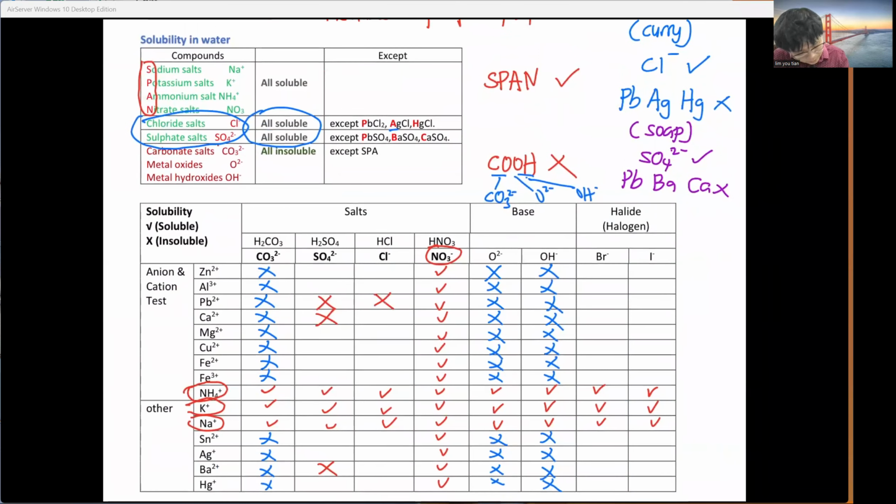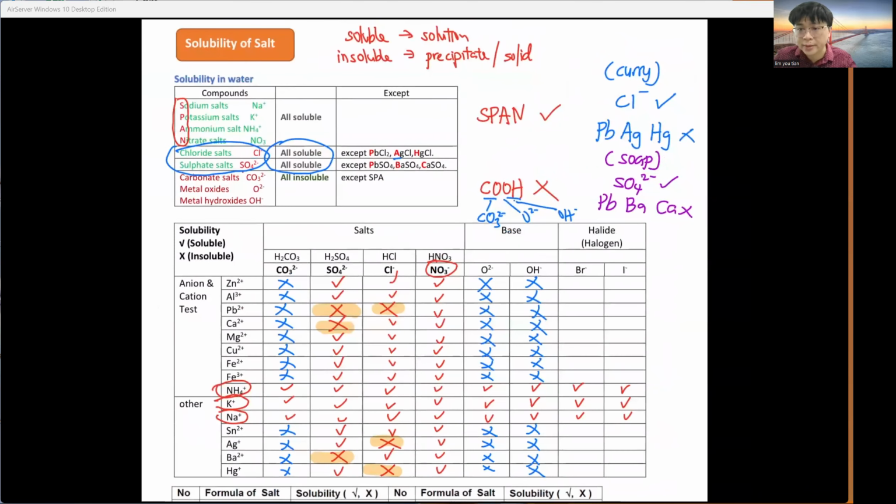Persatuan Agama Hindu. So the rest are soluble. Sulfate and chloride normally come out a lot. This one you need to memorize, who is not soluble. You have 3 that are not soluble here, and 3 that are not soluble here. So this is the part that you have to know. We'll keep practicing this part.